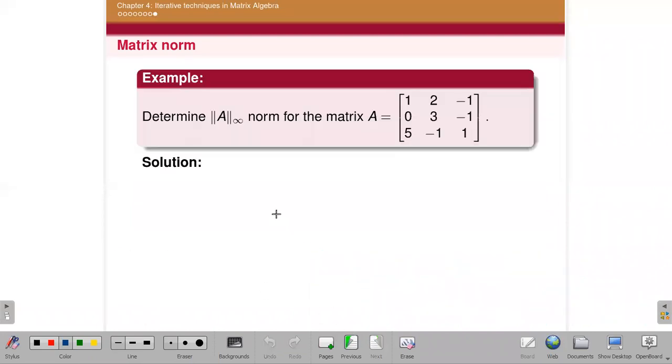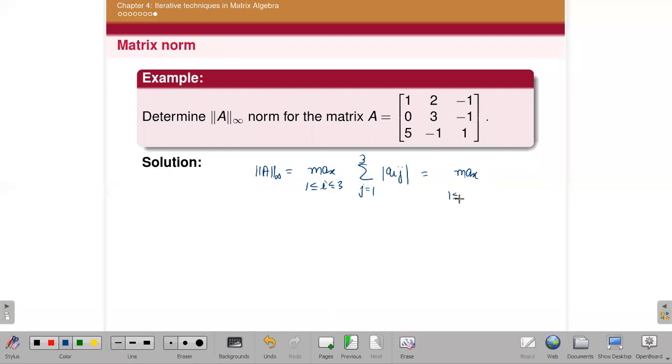Like in this example, determine the infinity norm for this matrix. So how to find the matrix norm here? It is the maximum over 1 less than or equal to i less than or equal to 3, because this is a 3 cross 3 matrix, of the summation over j equal to 1 to 3 of |Aij|.